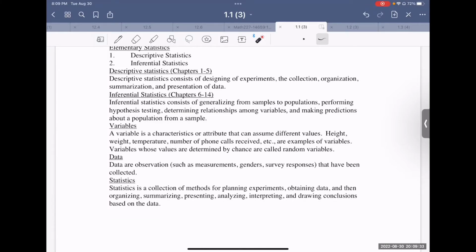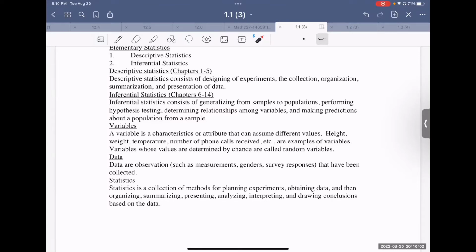And why don't we just do inferential statistics? Well, it turns out that the techniques necessary to do inferential statistics are the techniques that we learn from descriptive statistics. So I first have to tell you about descriptive statistics in order for me to be able to do inferential statistics.